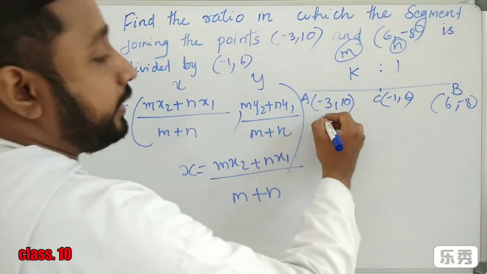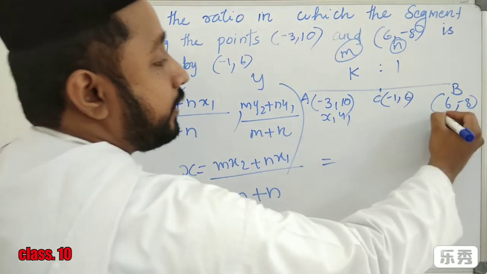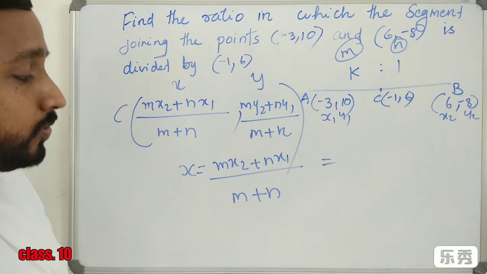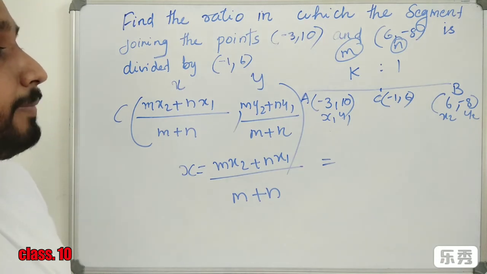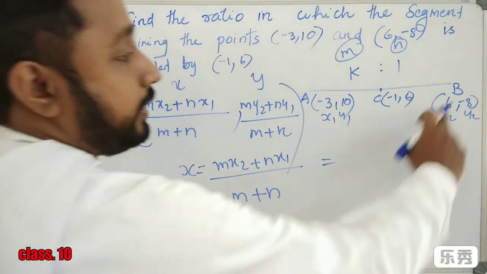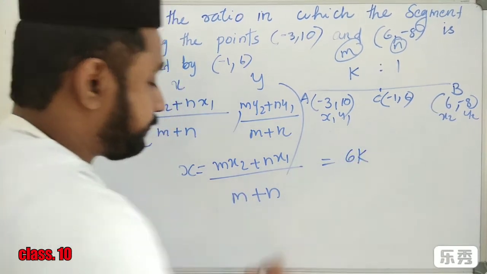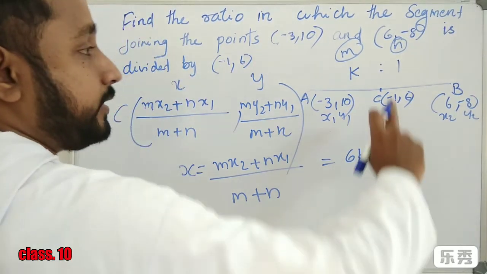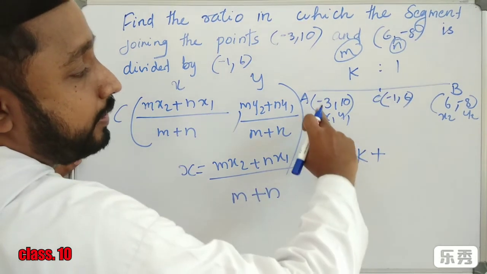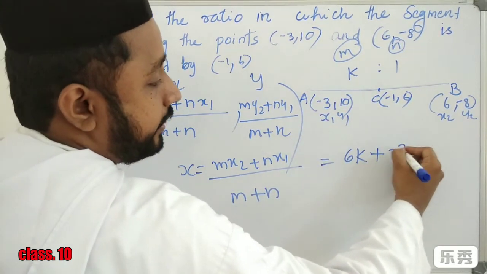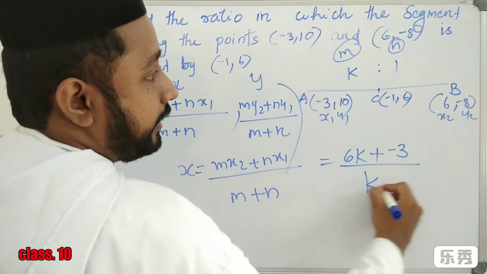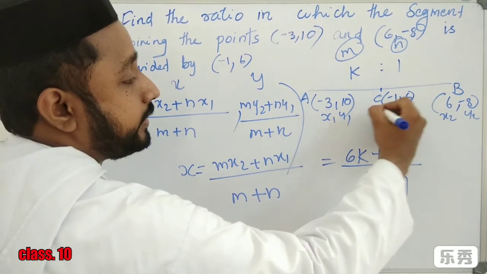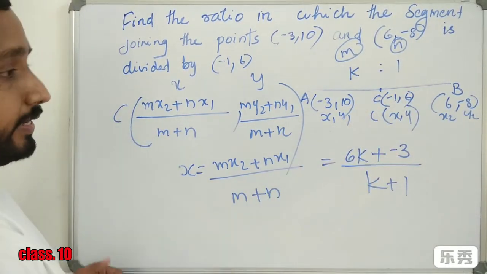Taking this as x1, y1 and this as x2, y2, so mx2, m is k, kx2 means 6k, plus nx1, n is 1 and x1 is minus 3. So minus 3 by m plus n, that is k plus 1. So this is x and this is y. See, x is minus 1.